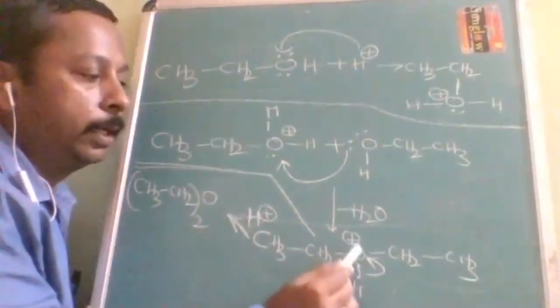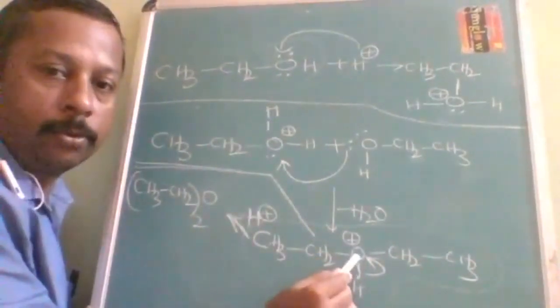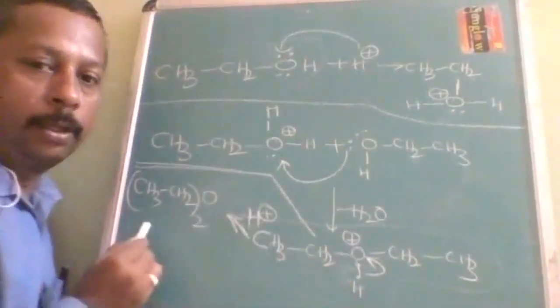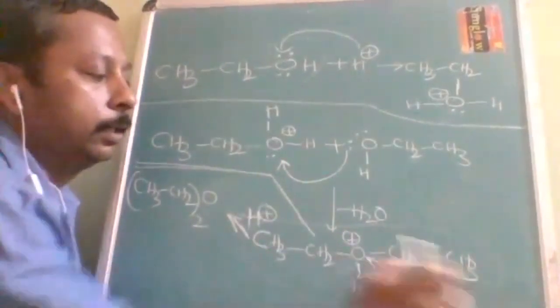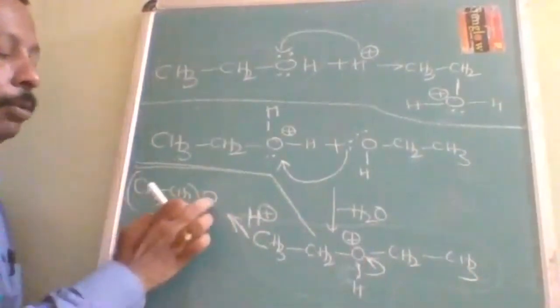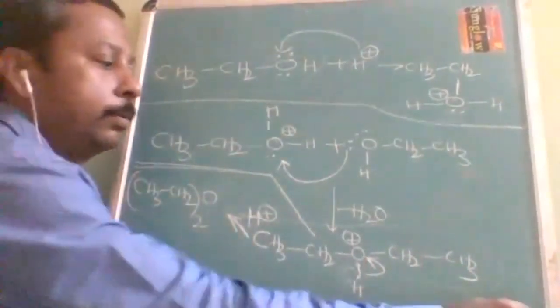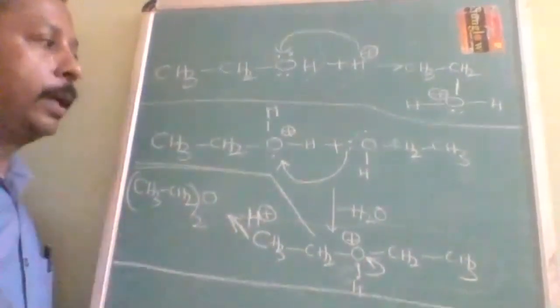So it is gaining the electron, and now the charge will become 0. So this side ethyl, oxygen, CH3CH2 twice, O. Is it understood, students? So this is the mechanism.